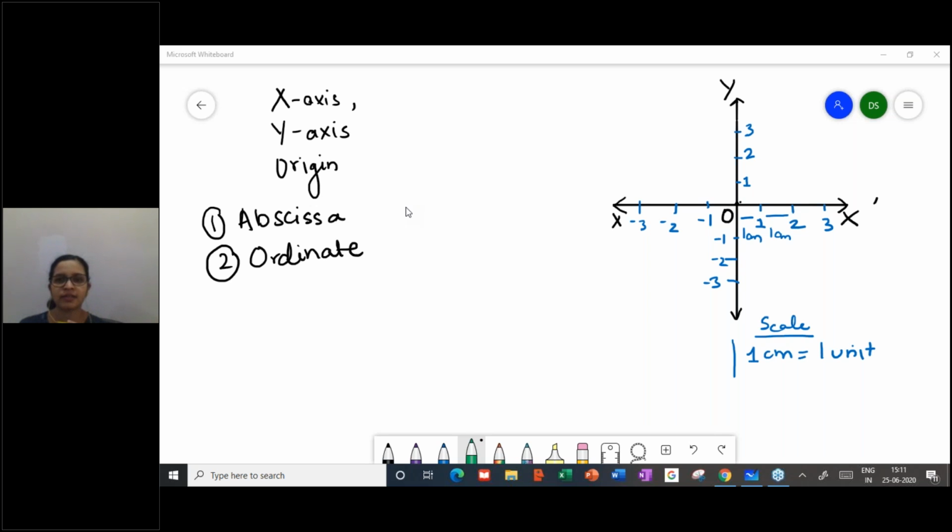That the x and y axis divide the graph into 4 planes. Starting from the top right corner. So it will be this.